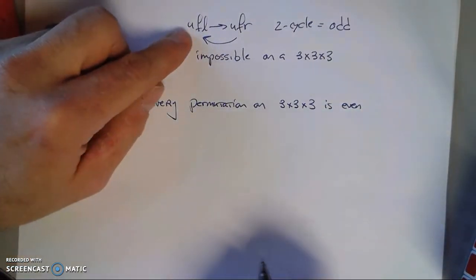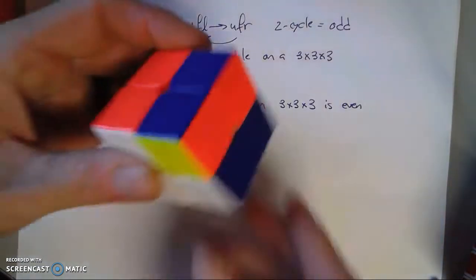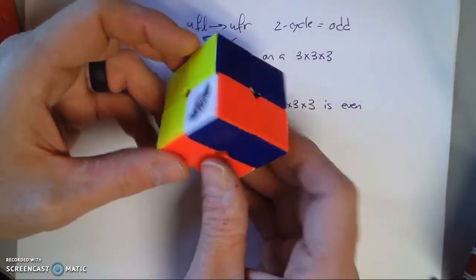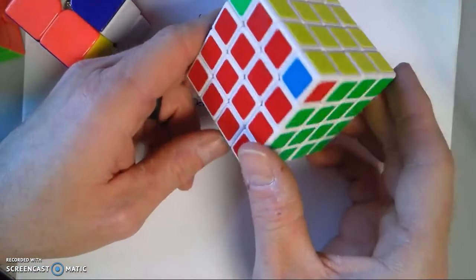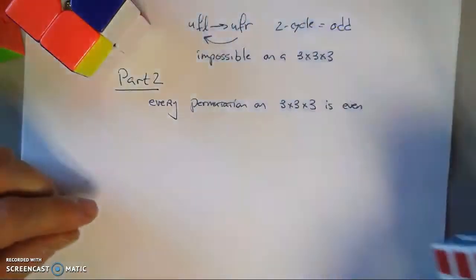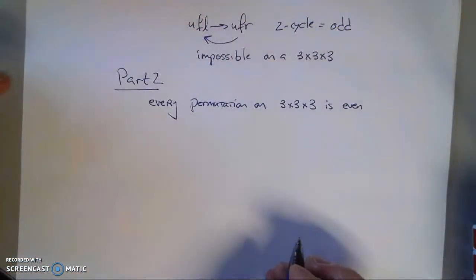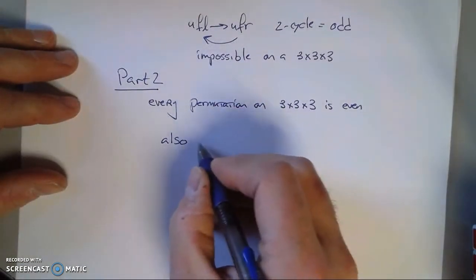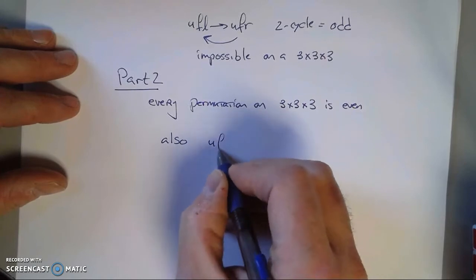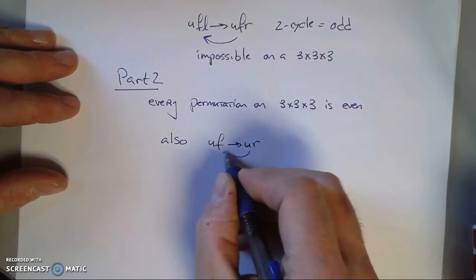And so something like this, a single 2-cycle, which we can see on a 2 by 2 puzzle or on a 4 by 4, something like this is impossible. You can't get it. So another impossible one is also something like, UF goes to UR and back again.